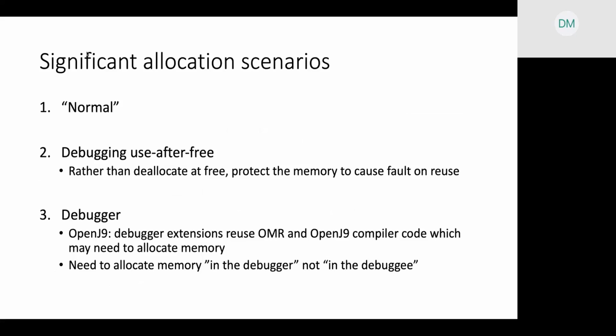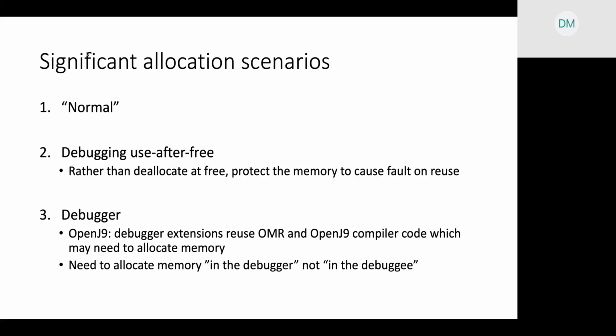And the third one is one that OpenJ9 uses primarily, which is operating inside the debugger. There is some compiler code in OpenJ9 which can run as part of an extension inside, say, GDB. And in that scenario, that compiler code that's running may need to allocate memory, usually to print stuff out or to operate properly.